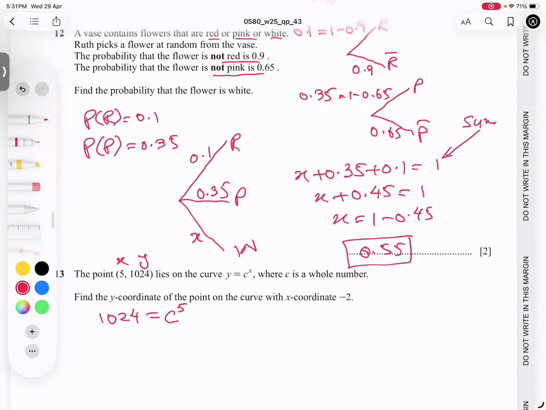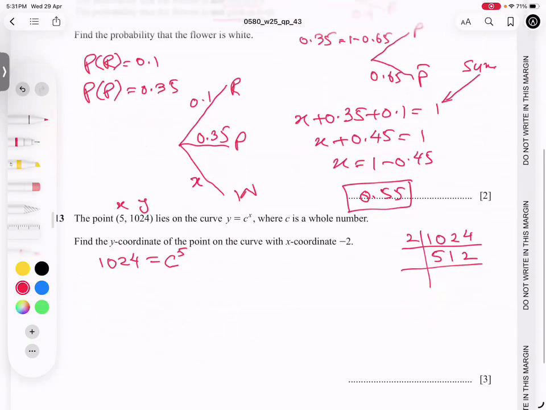So basically this is a topic of indices, okay? Now, I have to check which number to the power 5 gives this. So have a look now, 1024, we have to check it. 2 5s are 10. Now we can say 2 2s are 4, though I know that it's 2 to the power 10, but just for the sake of understanding, I'm doing it.